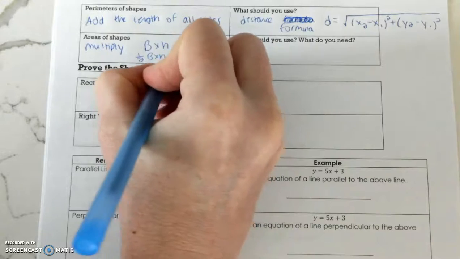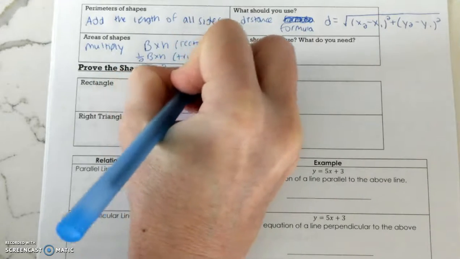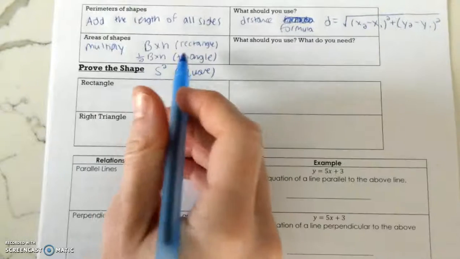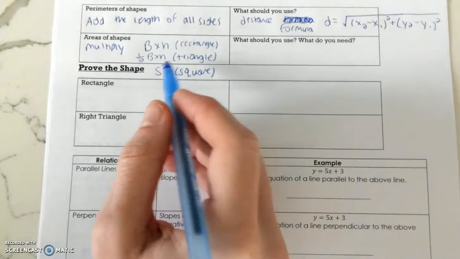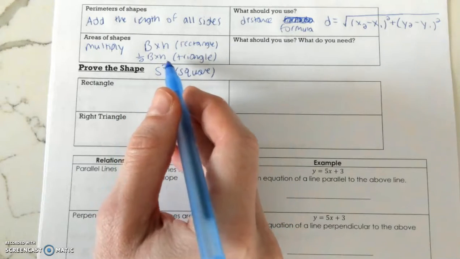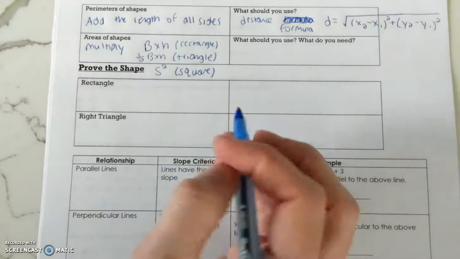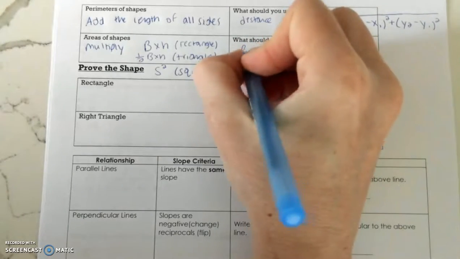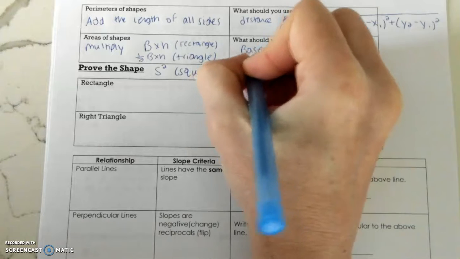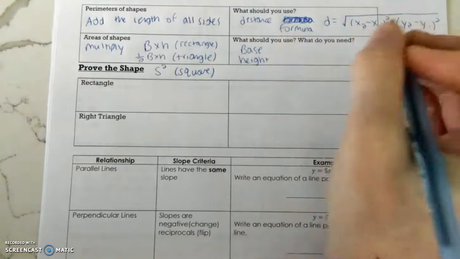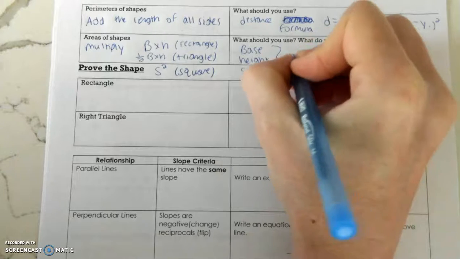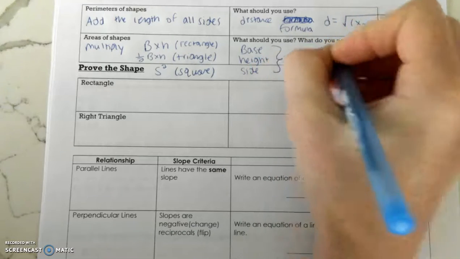And you're going to do side squared if it's a square, because side times side is the same thing as base times height. Remember, the height with the triangle is wherever the right angle is. What do you need? You're going to need the base and the height, or the side length. And you can find all of these using the distance formula.